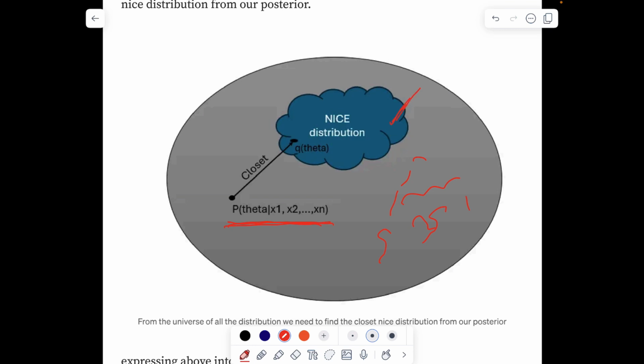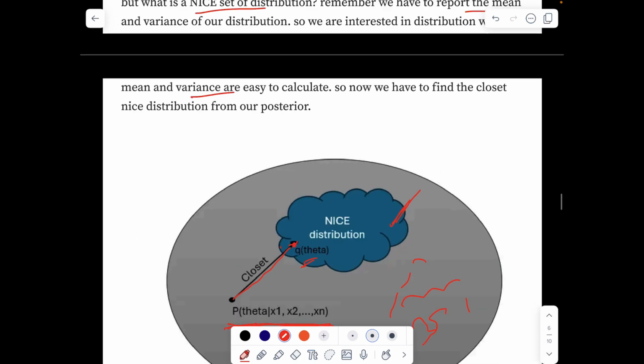This is the nice set of distributions, and you have to find a q theta somewhere here which is closest to p theta. Your q theta should be closest to the posterior from this nice set of distributions. So this is our goal now.